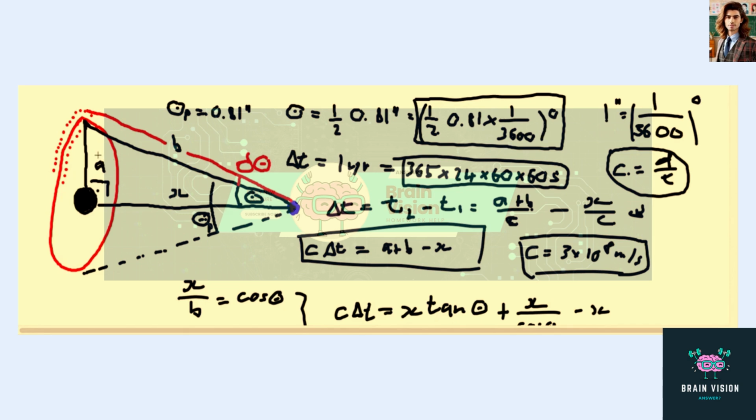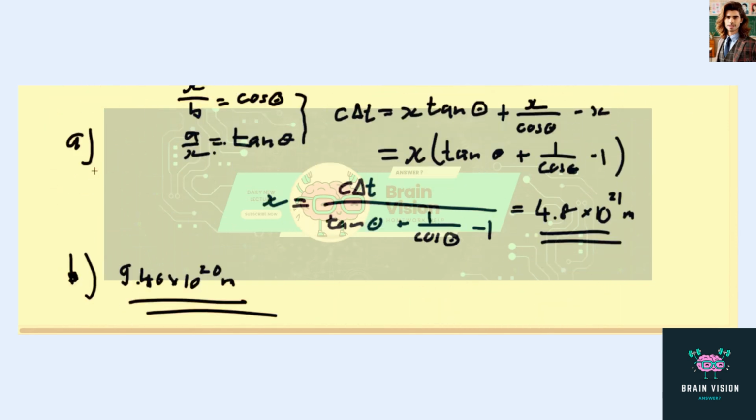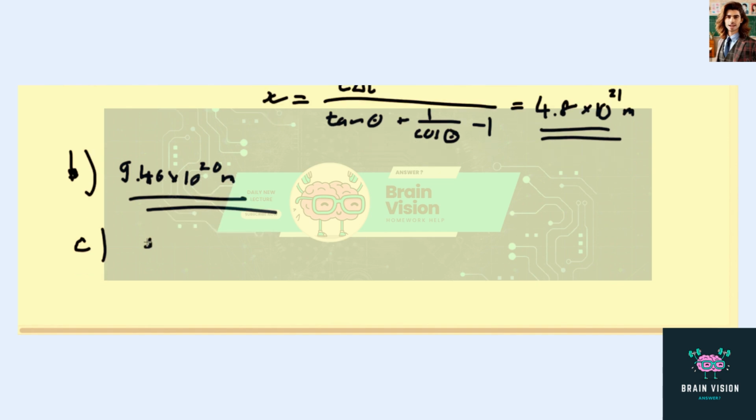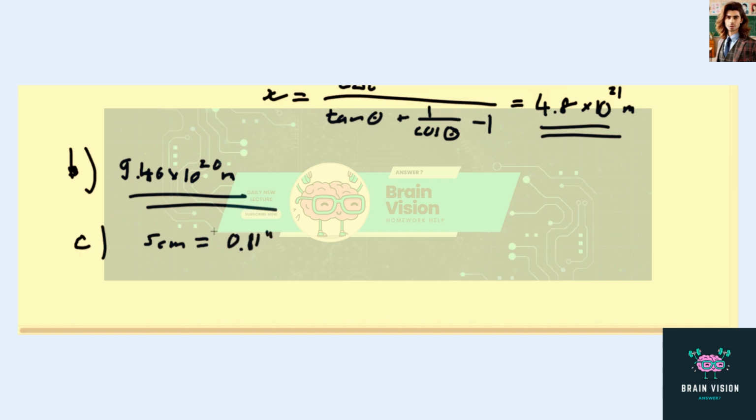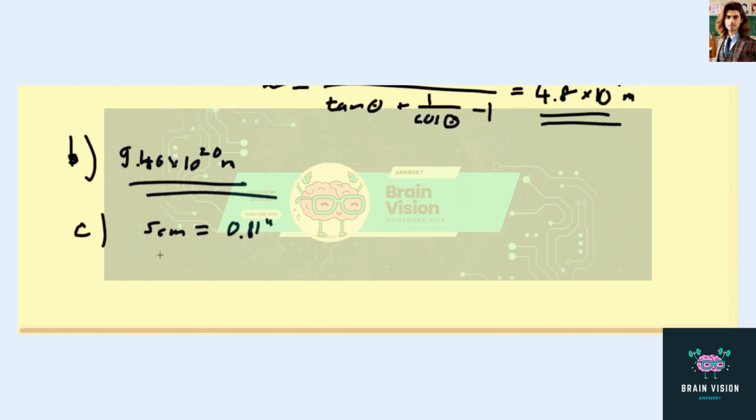Okay, and that corresponds to some value like 5 centimeters, for example, on the image that you're given. So you're going to have something like 5 centimeters is equal to 0.81 arc second. And then if you measure this little distance in terms of centimeters, you find that it's roughly a tenth of that.